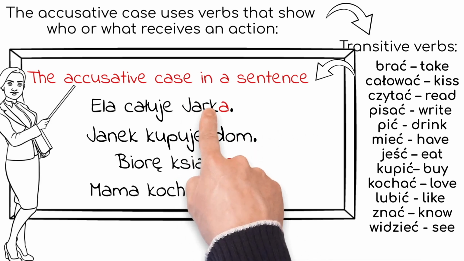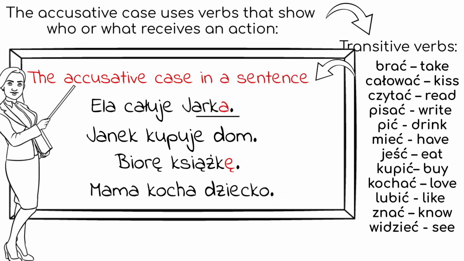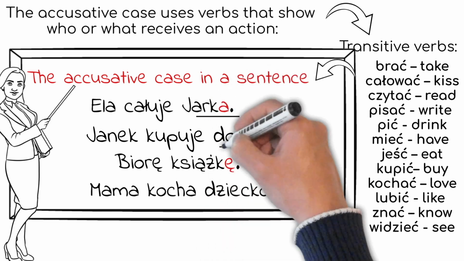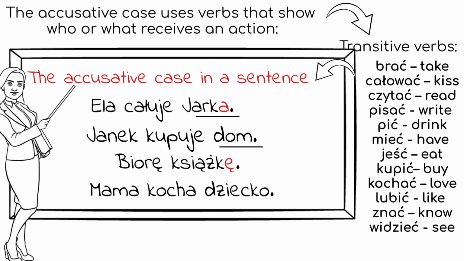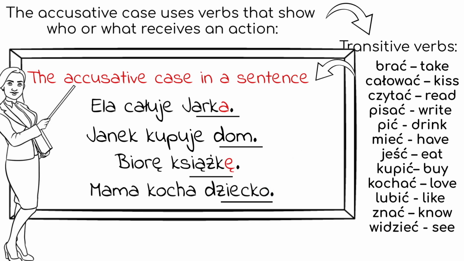So here, without a problem, we can identify the recipient of the action, which means the direct object. Jarka, dom, książkę, dziecko. So the direct object here will take the accusative case endings.